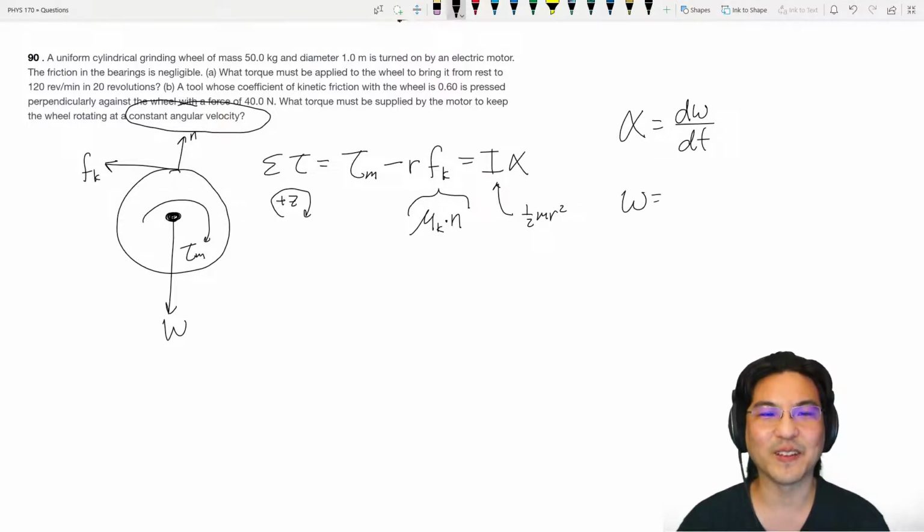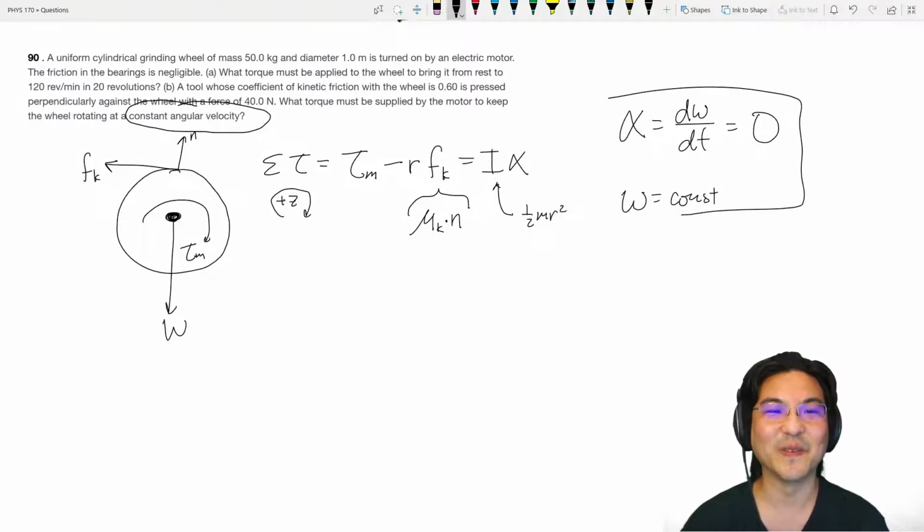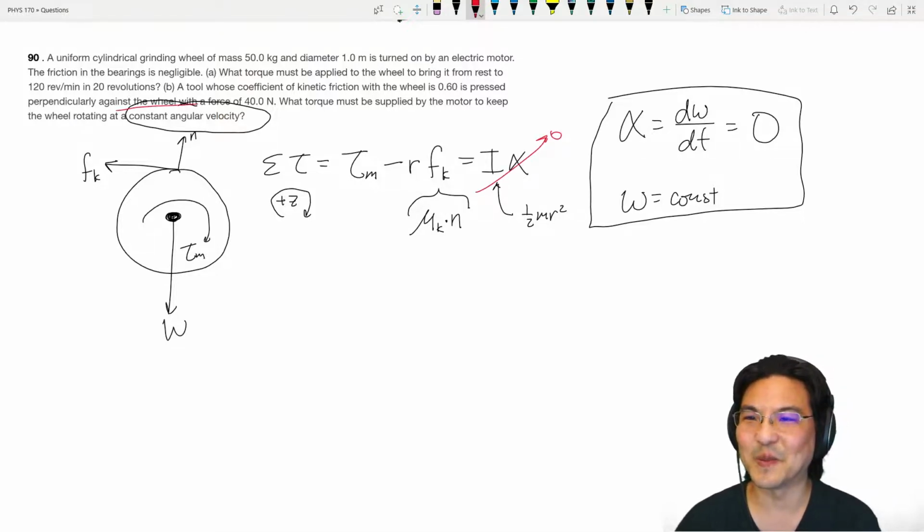So if the angular velocity is constant, what does that mean? The time derivative of a constant is 0, right? Which means I could just cross this out. I was kind of rushing, and I almost missed that part. Constant angular velocity means I can cross this out.